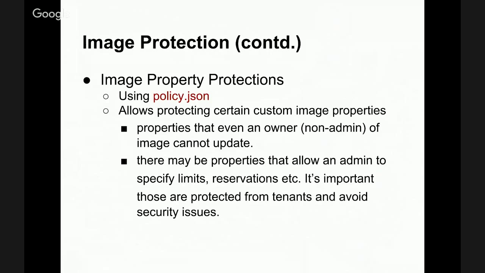You don't want every tenant to manipulate the resource reservation metadata, right? So in this case, Glance allows something known as property protections. Using the policy JSON file, you could specify some properties that are protected from being updated. So even an owner of an image cannot update those specific properties, and it allows for more security of the image.